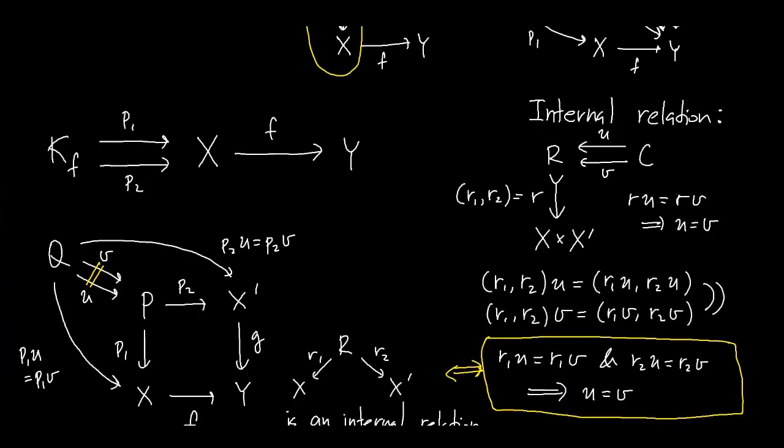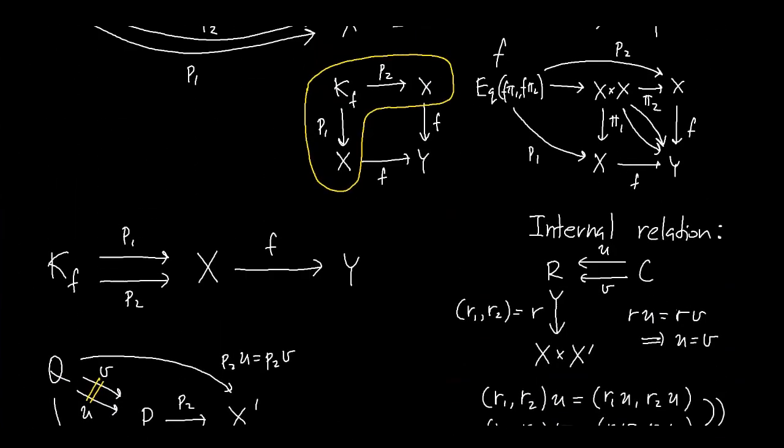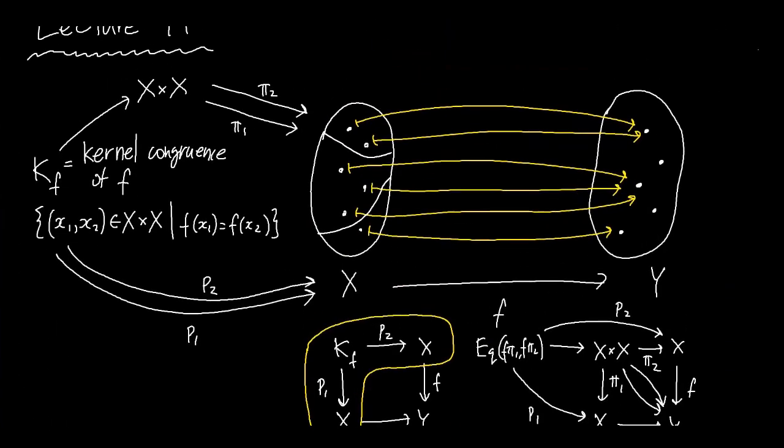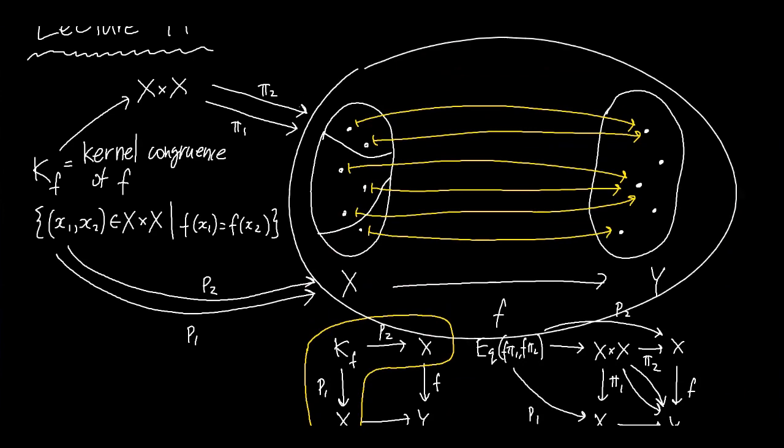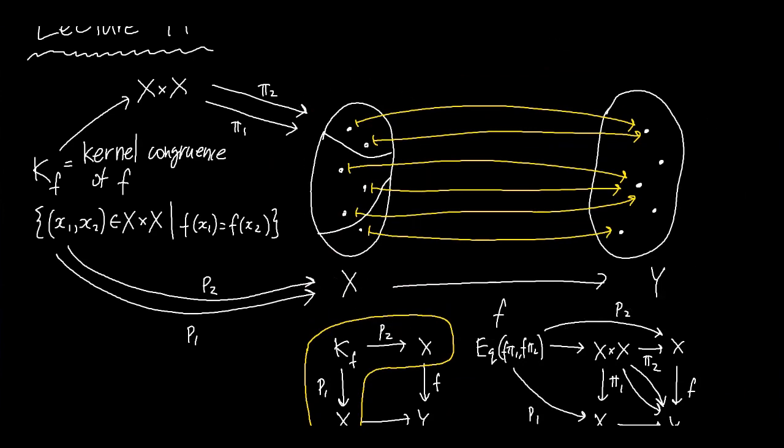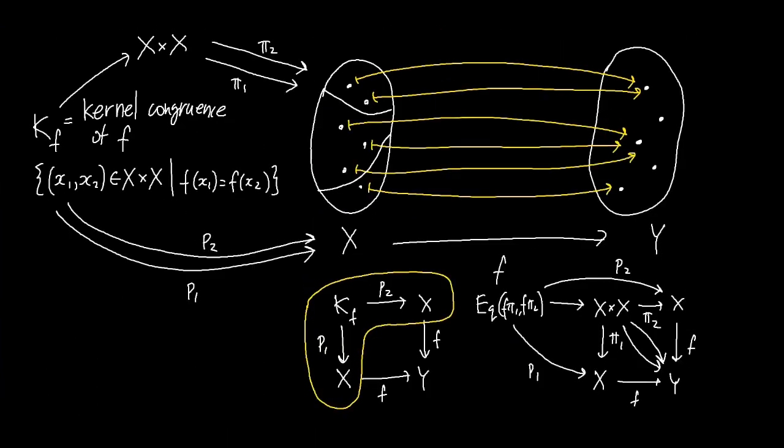Okay, so we can now see that this kernel congruence is an internal relation, and it kind of nicely seems to model this idea that on the diagram here, in the set theoretic diagram, the thing we got on the left side is a relation. It's an equivalence relation, so we also need to say what that means.